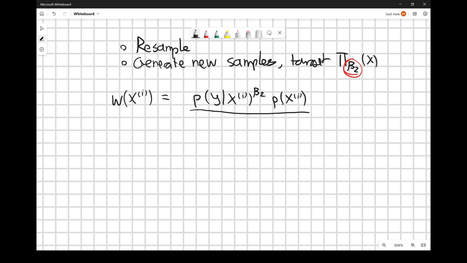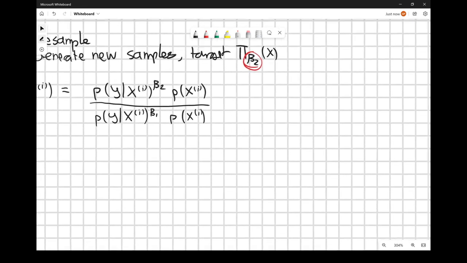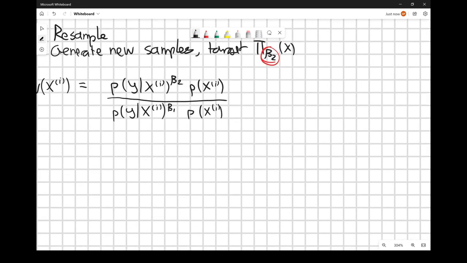And the proposal is the likelihood, again still evaluated at xi, but to the power beta 1, multiplied by the prior. And clearly the prior is going to cancel here, so what you end up with is the likelihood evaluated at xi to the power of beta 2 minus beta 1.